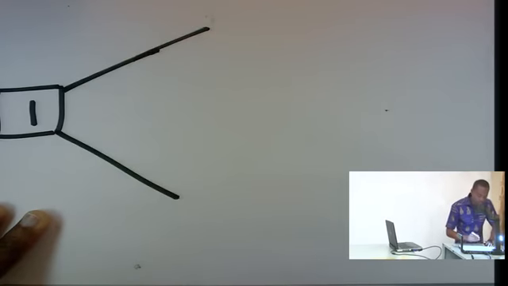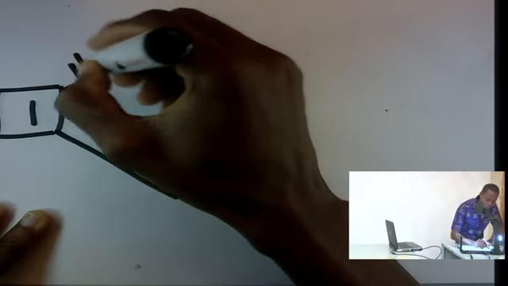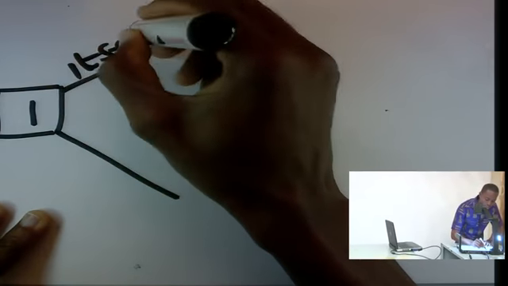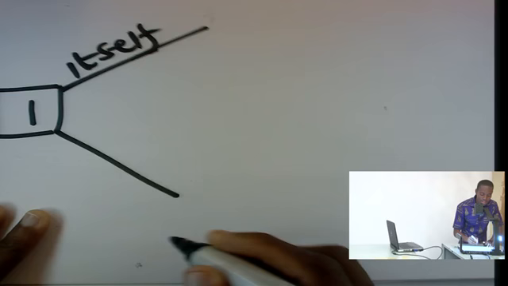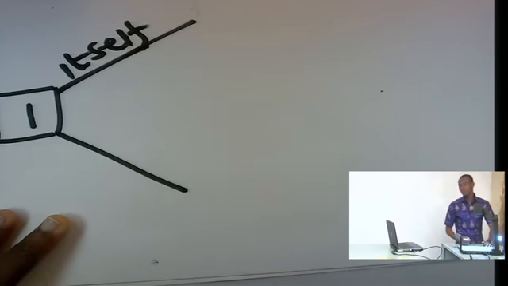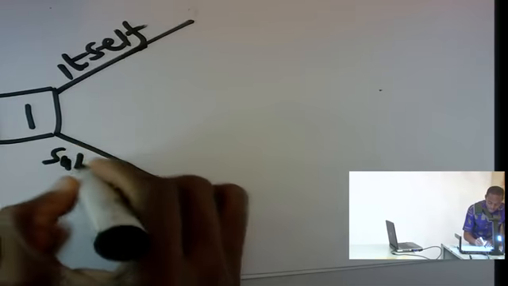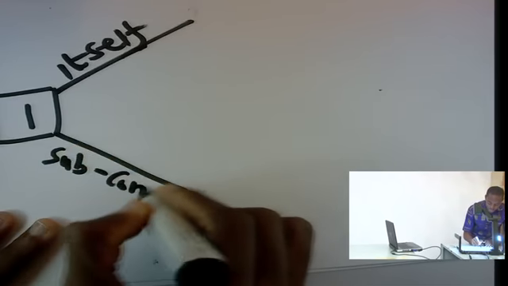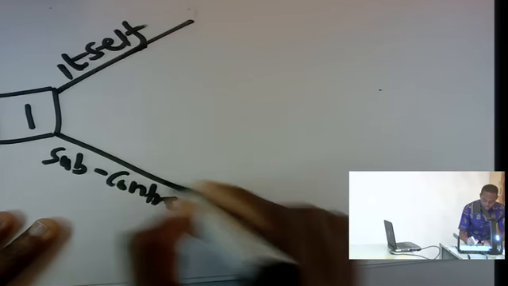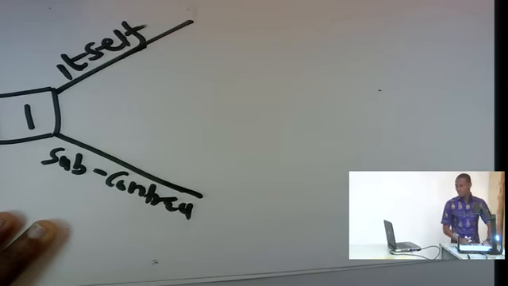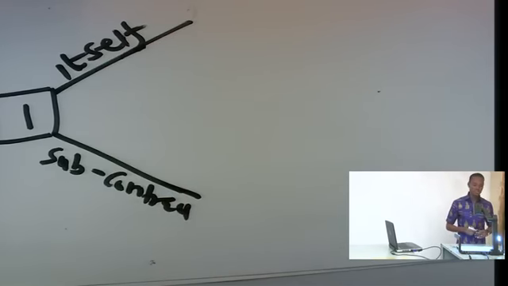So I can just write "itself." For labeling them, just write it as you understand, and just make sure you pick some cues from what the question is saying. And then here, I write "subcontract." So I'm done representing the first instance.